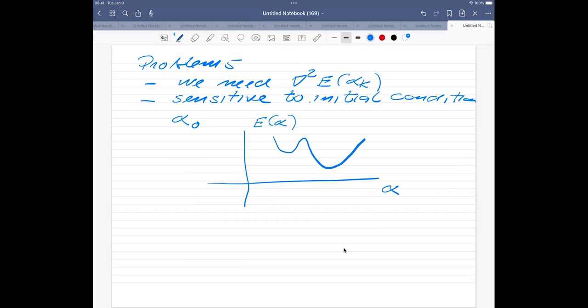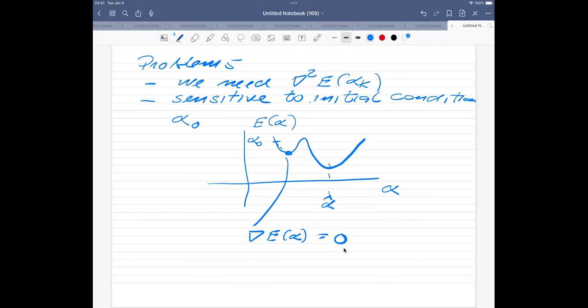So ideally, you want to get this value. This is the alpha optimal which you want to reach. But if you start with an alpha 0 here, then when you iterate, you reach this point. And in that point, your gradient, d of alpha, is equal to 0. So that's a typical problem which you can face if you have a multidimensional function.